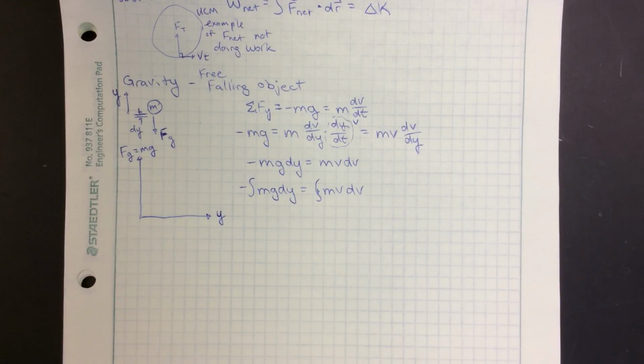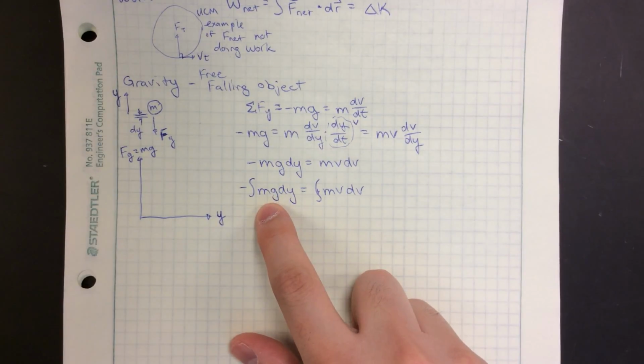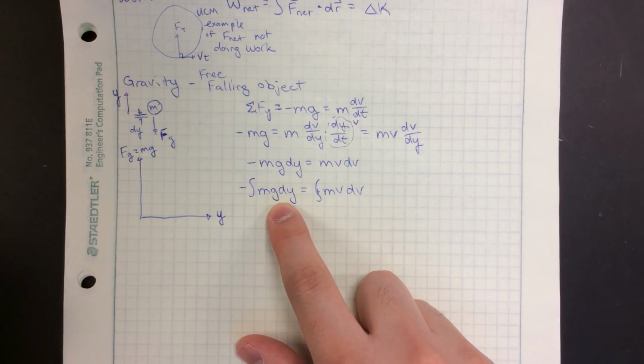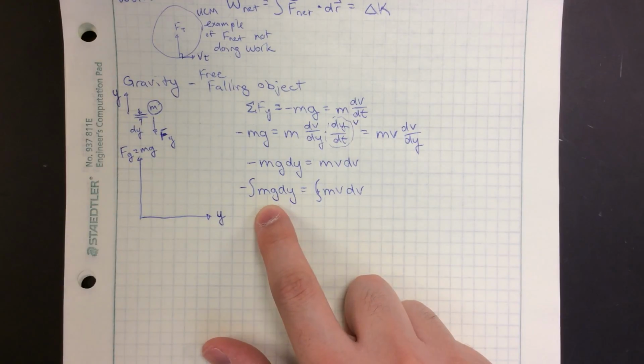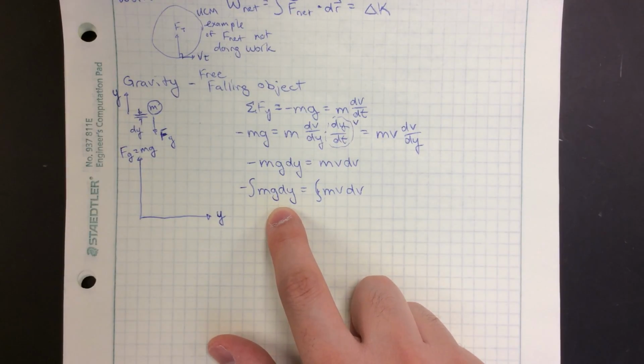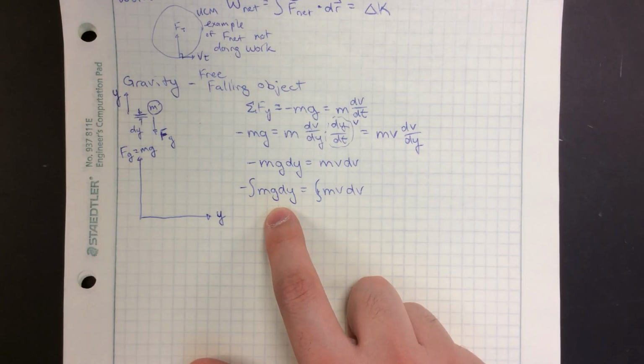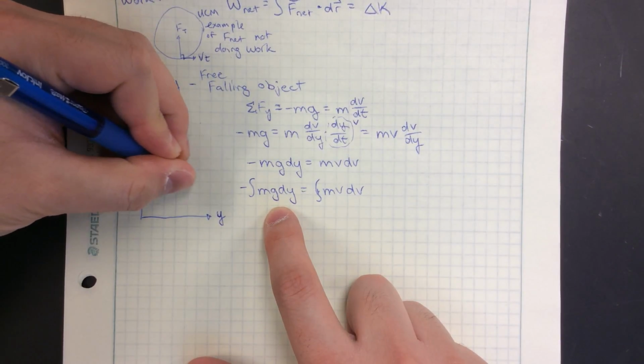What do you guys think? It's constant. Your mass doesn't depend on where you're at. And g, as long as you're close to the surface of the Earth. There's a limit to this model, but this model is for when you're close to the surface of the Earth, so it's flat.